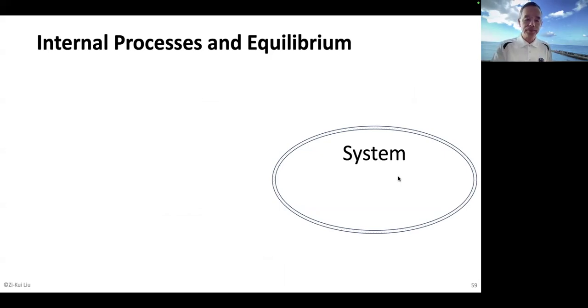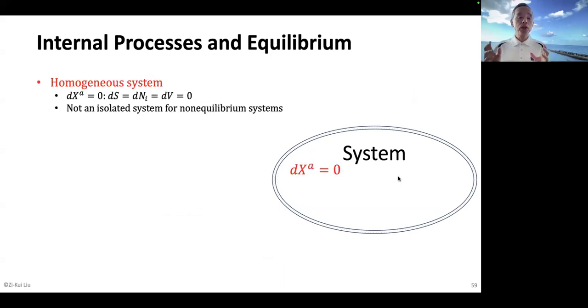So that involves internal processes. We talk about a system, particularly a homogeneous system. By homogeneous, I mean all the molar quantities inside the system are the same throughout the system. And then this homogeneous system has some interaction with the surroundings. Based on the combined law for the internal energy, with all the dX_A equal to 0, that means there's no exchange of entropy, mass, and volume between the system and surroundings.